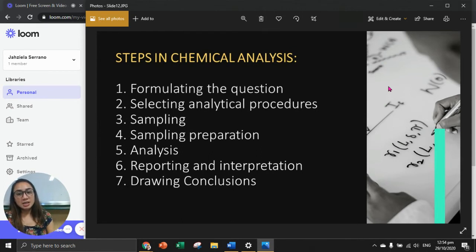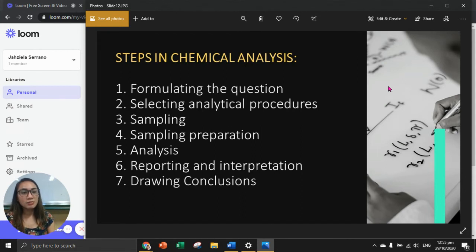And then number 6 is reporting and interpretation. So again, sa reporting and interpretation, you have to be obsessive compulsive. You have to be perfectionist kasi kailangan even the little details, you have to put it in there. And then lastly, you have to draw conclusions.